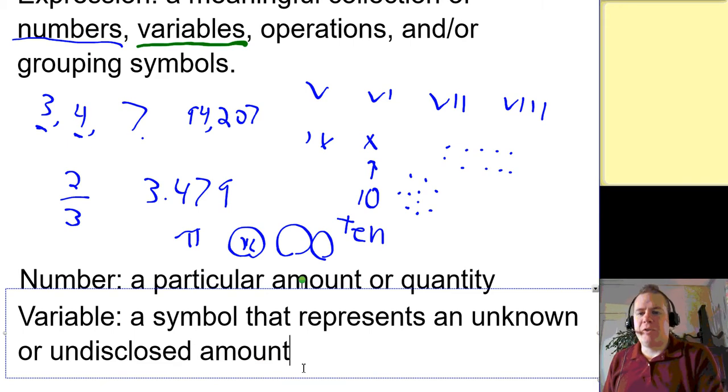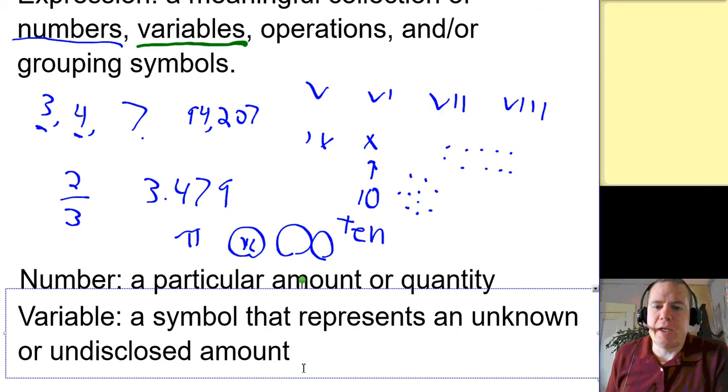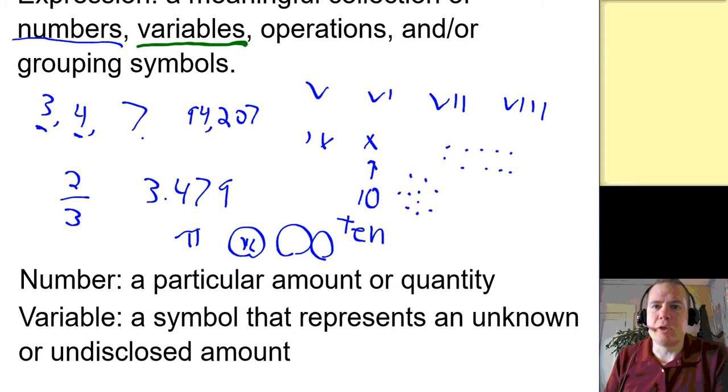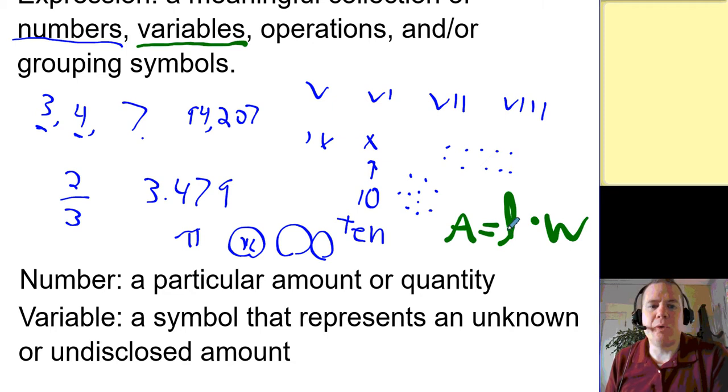Right? Variable doesn't just mean that it's unknown. Sometimes it's intentionally unknown, sometimes it's intentionally left out. Sometimes we're stating some general rule. It's not that we don't know the length and the width. It's that in general, without specifying the length and the width, we can still specify this relationship.